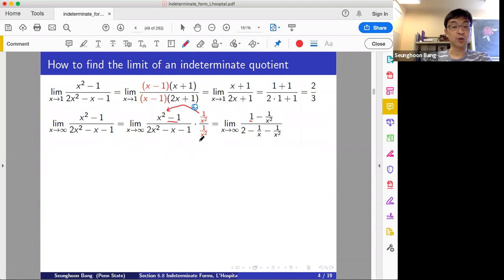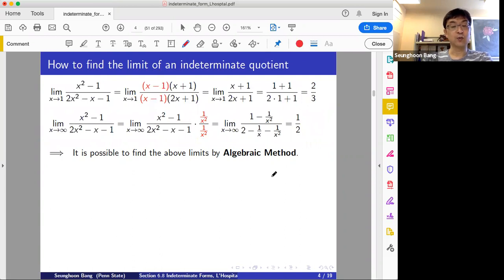Distributing to the bottom, we have 2 minus 1 over x minus 1 over x squared. As x approaches infinity, 1 over x goes to 0 and 1 over x squared goes to 0. What remains? 1 over 2. This is the whole idea for solving this problem.